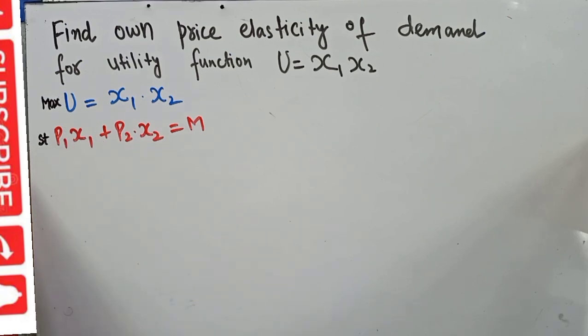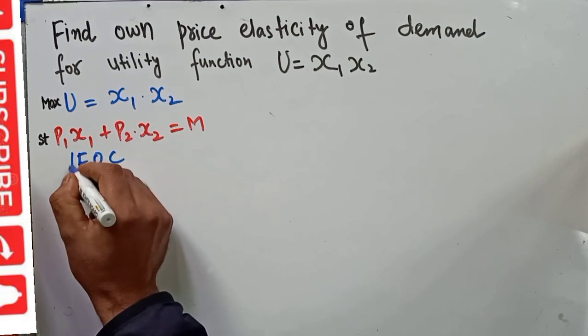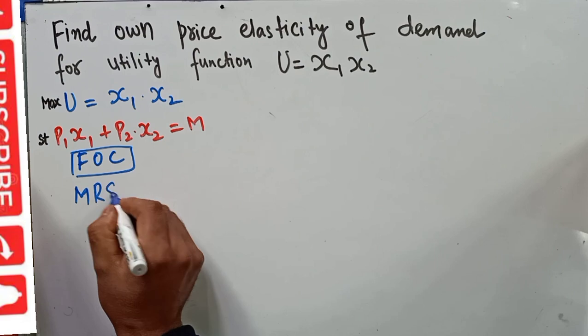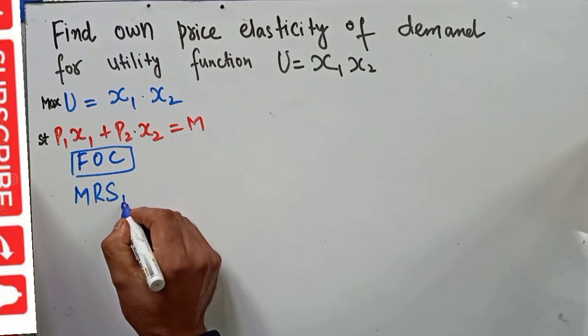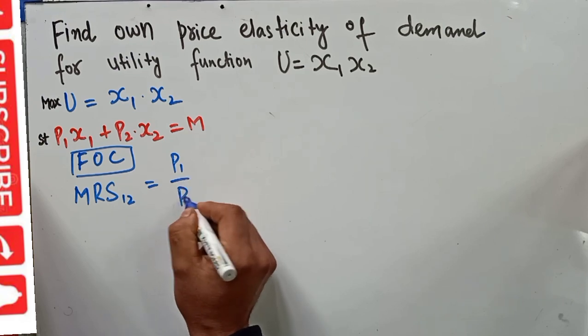the demand function. Now for optimization, we know that the first order condition requires that the marginal rate of substitution between good 1 and 2 should be equal to the ratio of the prices, P1 upon P2.